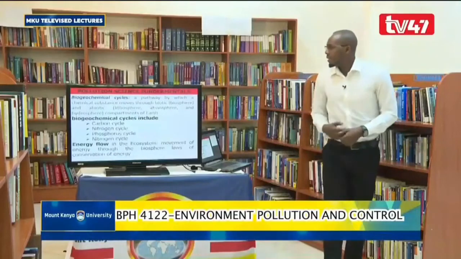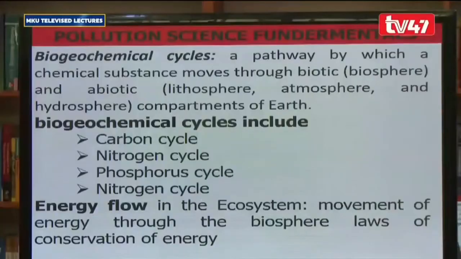So, as I listed there, the examples include the biogeochemical and geochemical cycles. Now, these cycles form the fundamental part of what we call pollution science, the science in pollution. There's always a way in which these effects have to be discussed.